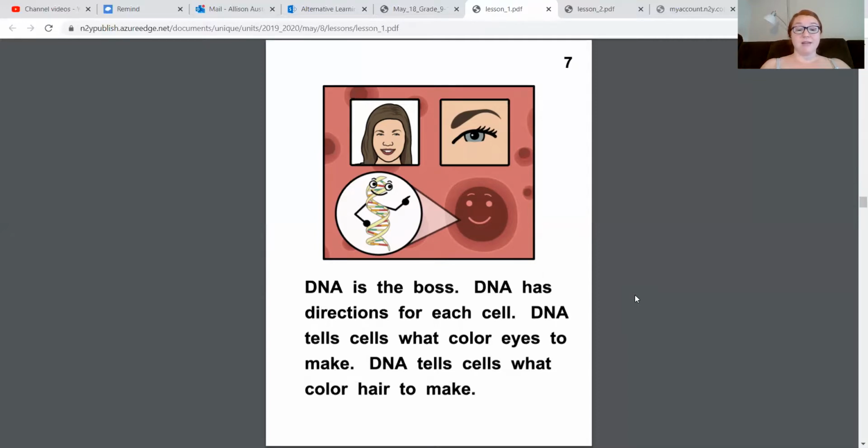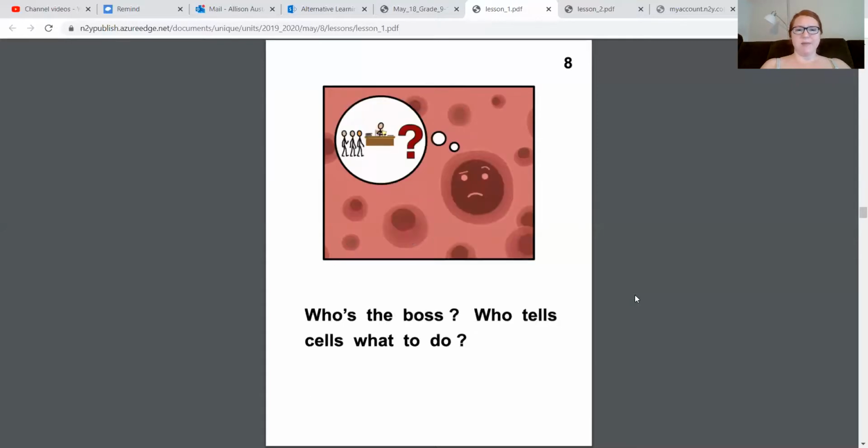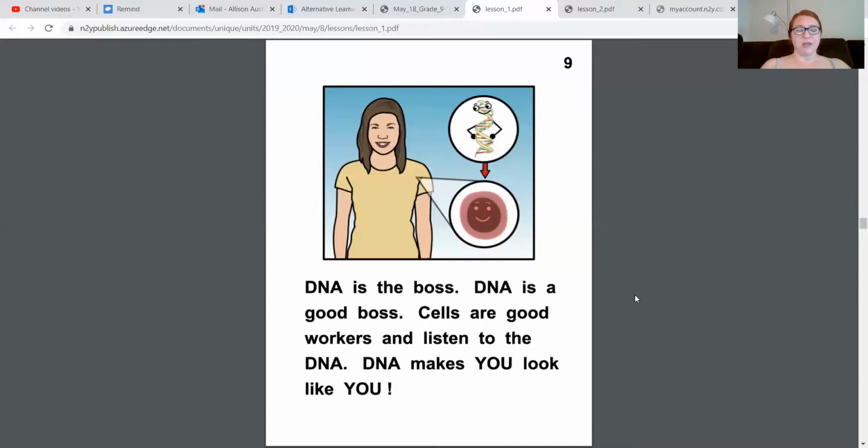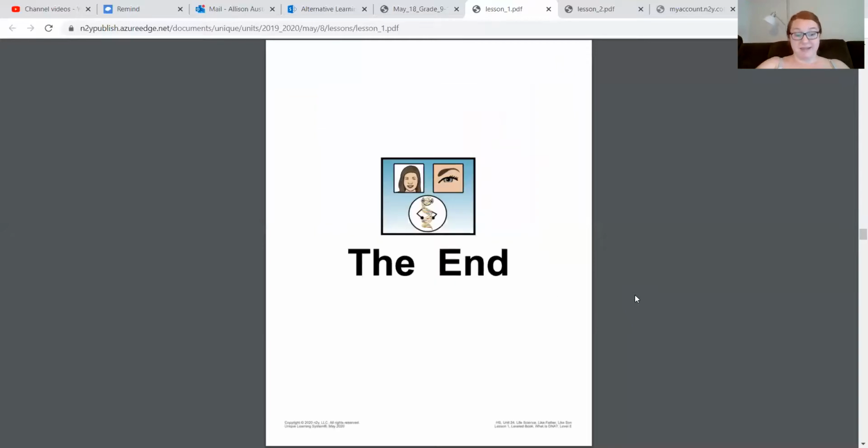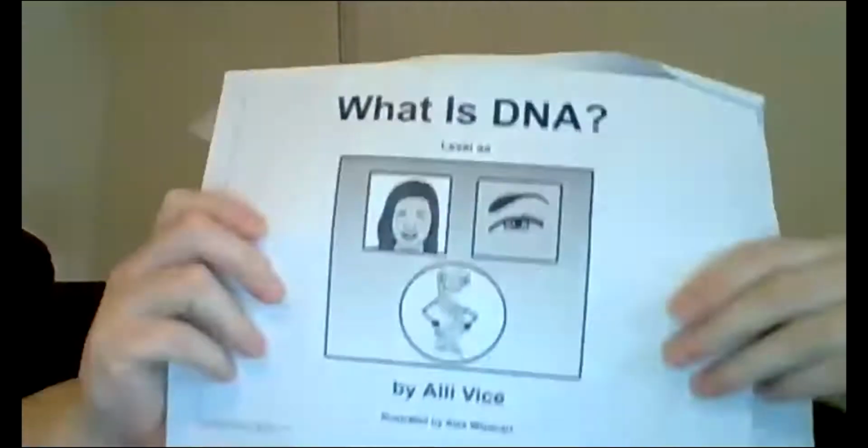DNA tells the cells what color hair to make. Who is the boss? Who tells cells what to do? DNA is the boss. DNA is a good boss. Cells are good workers and listen to the DNA. DNA makes you look like you. The end.